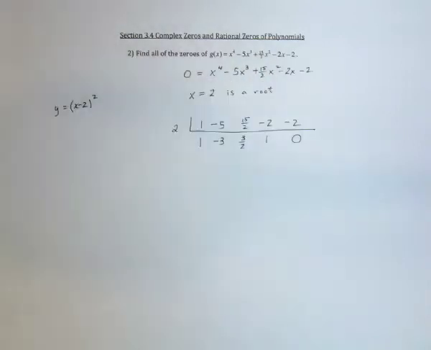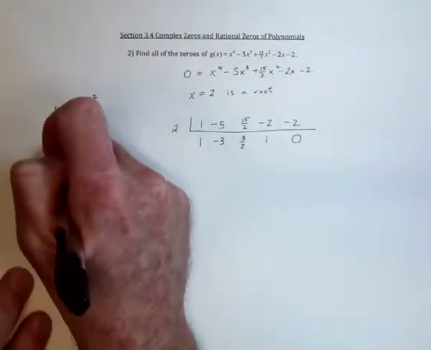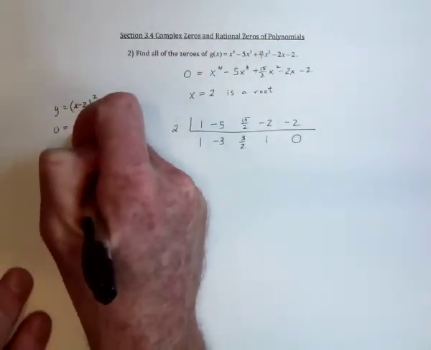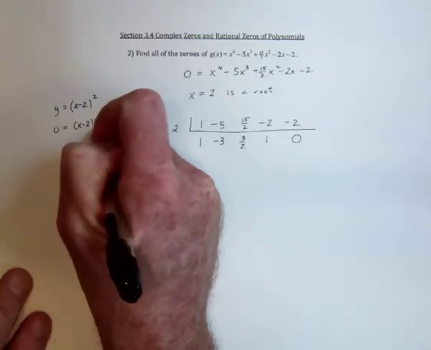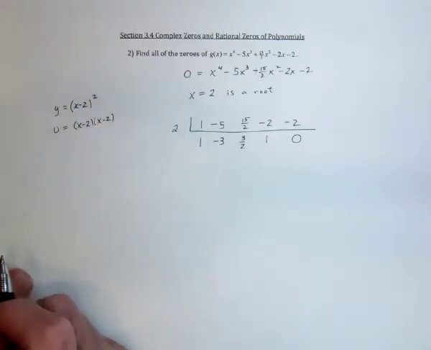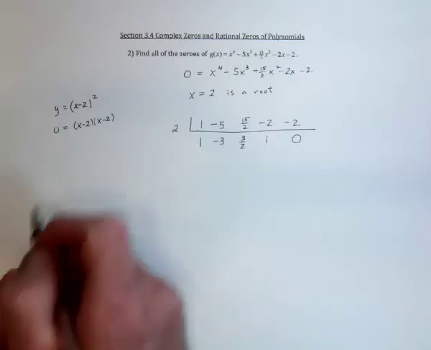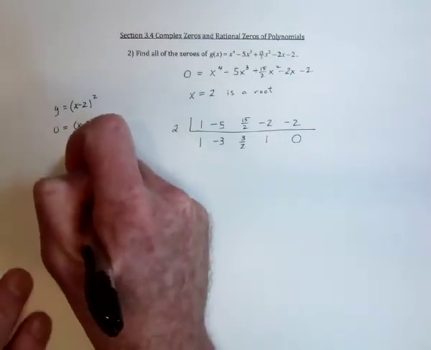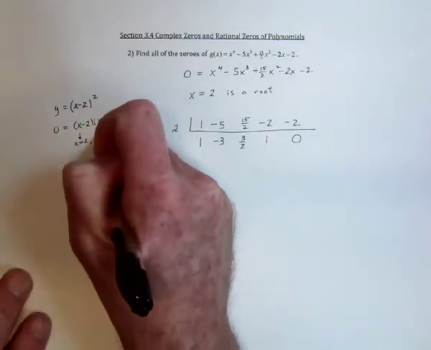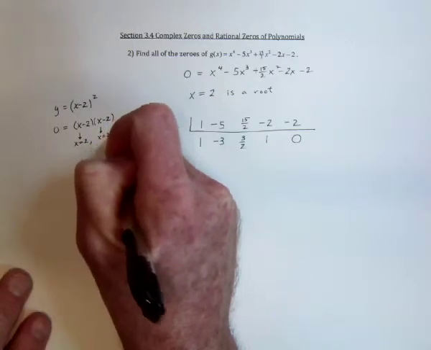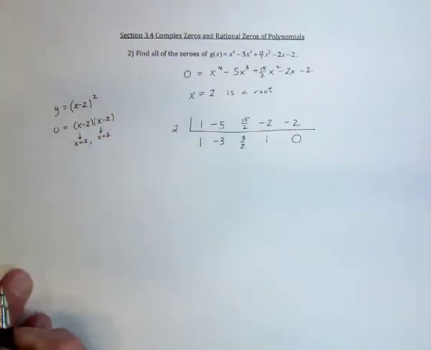Well, that means that when I set it equal to 0, x minus 2 times x minus 2 means that there's actually 2 answers that give me x equal 2. So they're not 2 different points on the graph, but these 2 different factors say that 2 is a root twice. So it's called a double root.